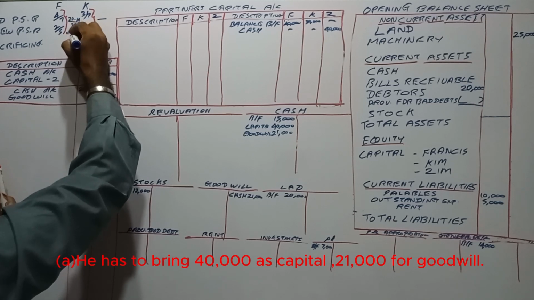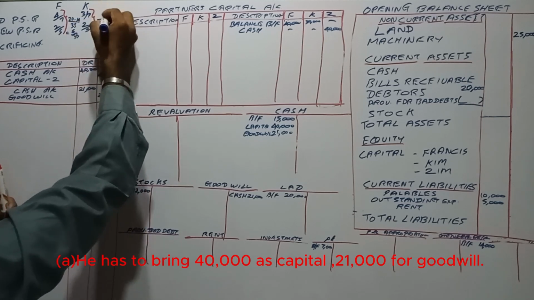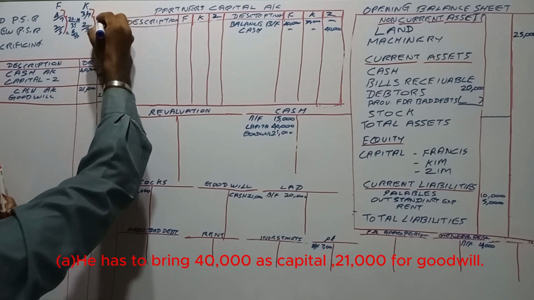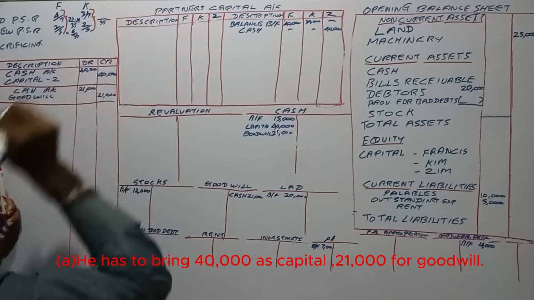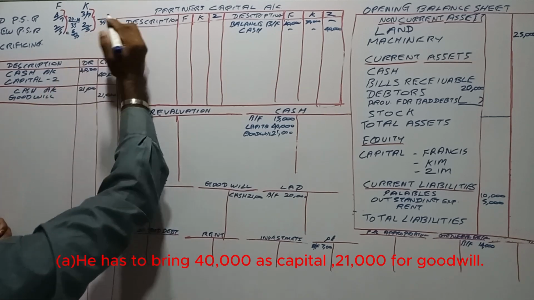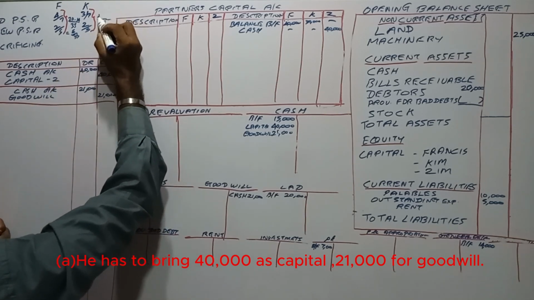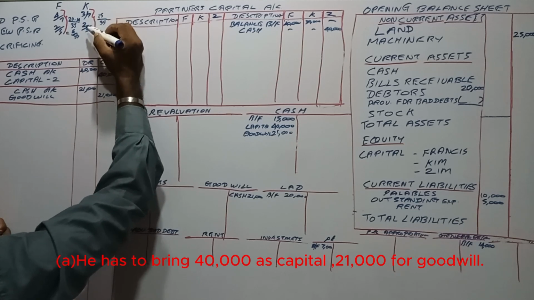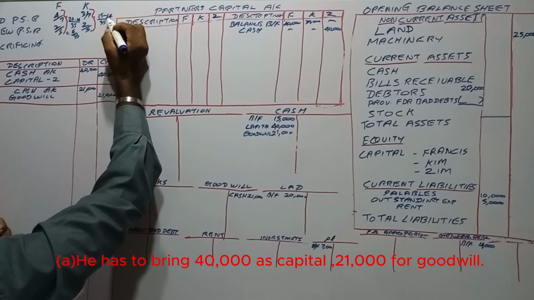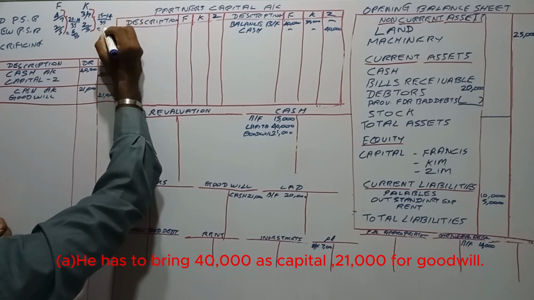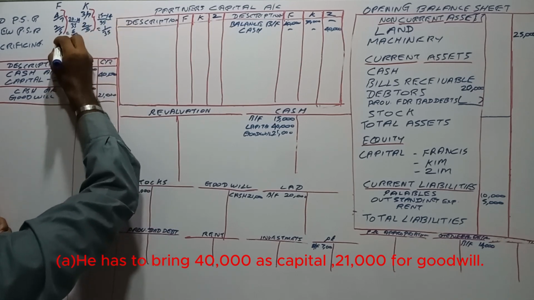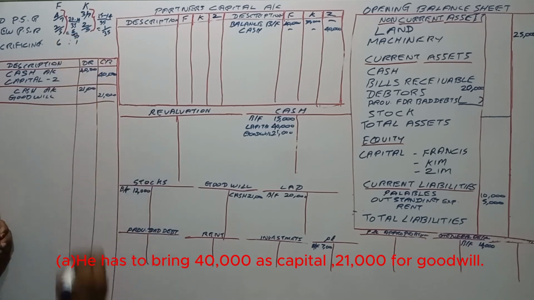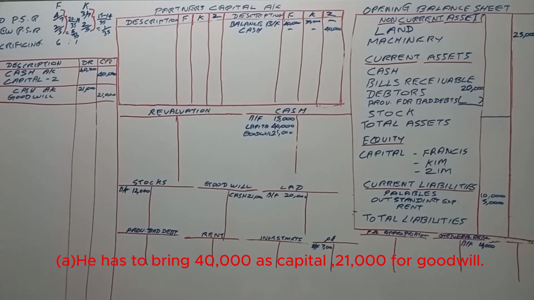For the other, the LCM is 35, 5 into 3 is 15, 7 into 5 is 35, 7 into 2 is 14, then it is 1 upon 35. So if you eliminate the 35, 6 into 1 is the sacrificing ratio.